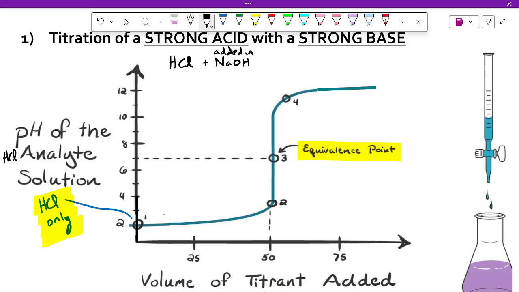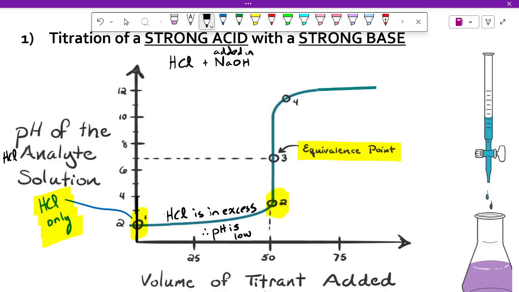So what is the excess reactant as we go from point 1 to point 2? HCl. Does that make sense that HCl is in excess with the pH? The pH is low, yes? And we could do all the calculations for all the different volumes along the way if we wanted to. We're not going to, but you could.